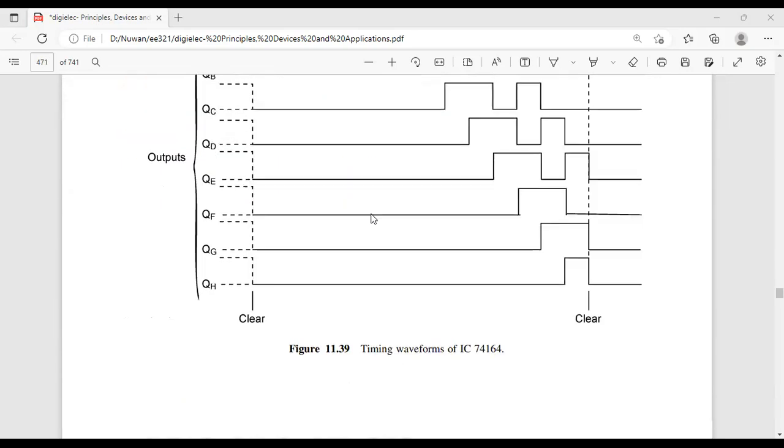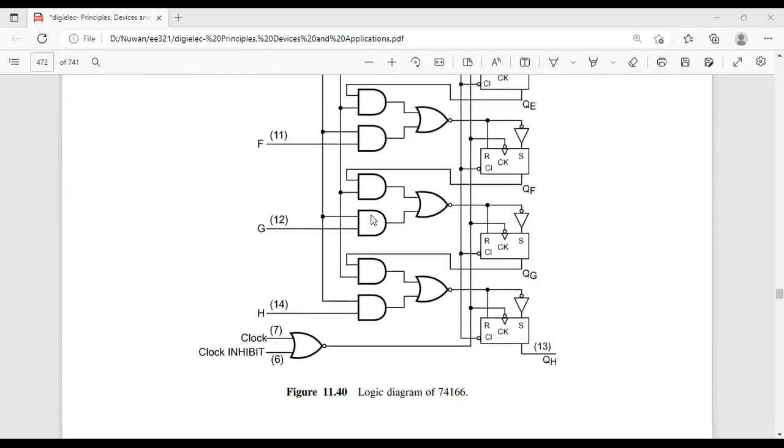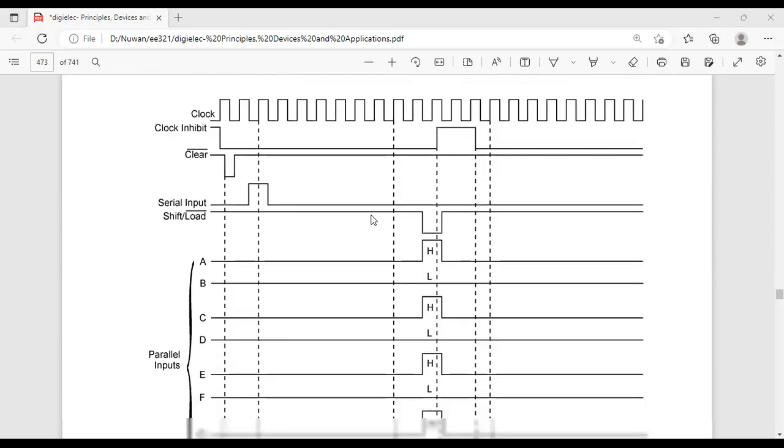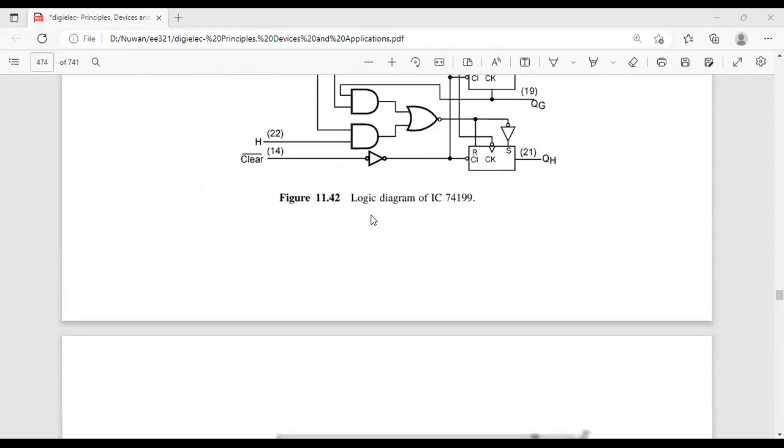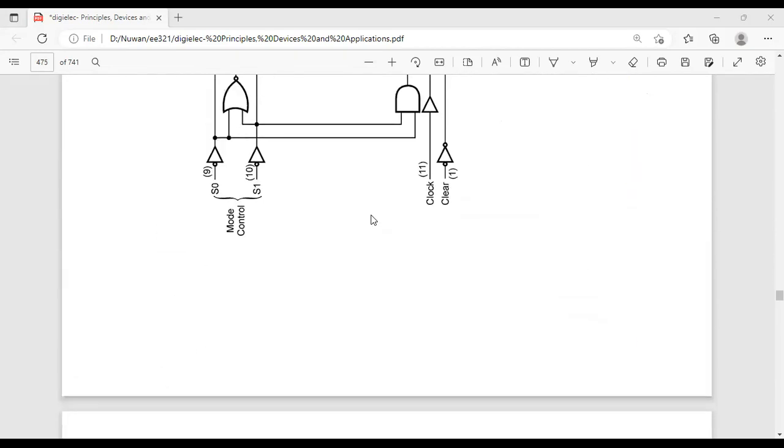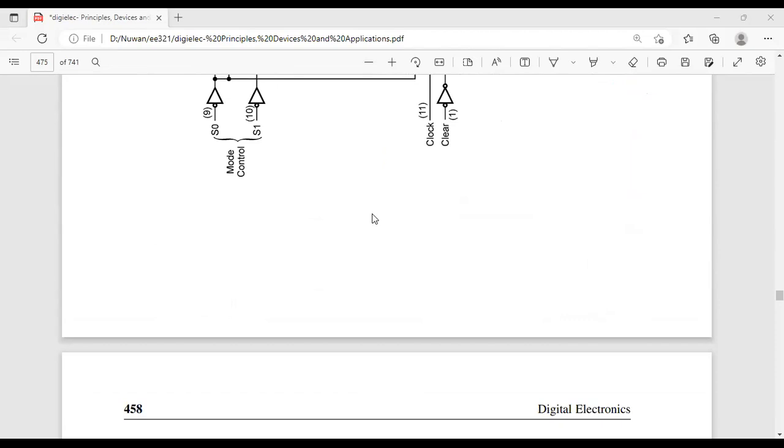You are asked to just give the output. If you are given this kind of registers, that is very easy actually. Maybe you are given 4 or 3 registers. These are shift registers. This is a 4-bit shift register.